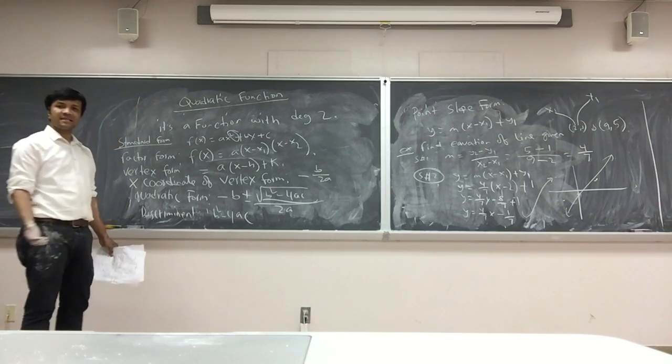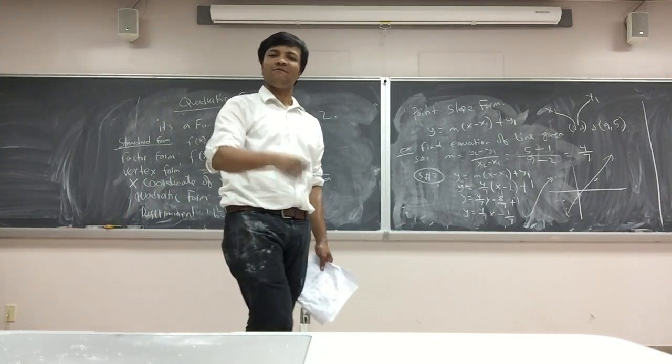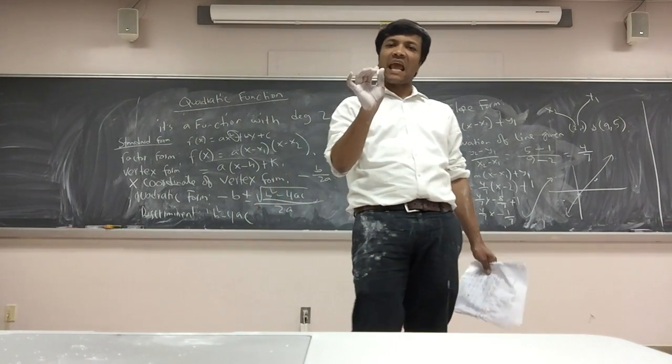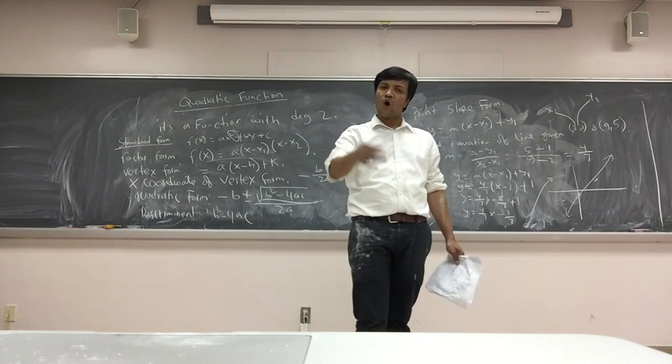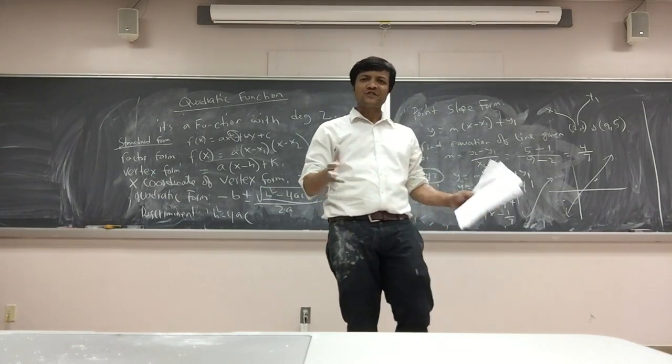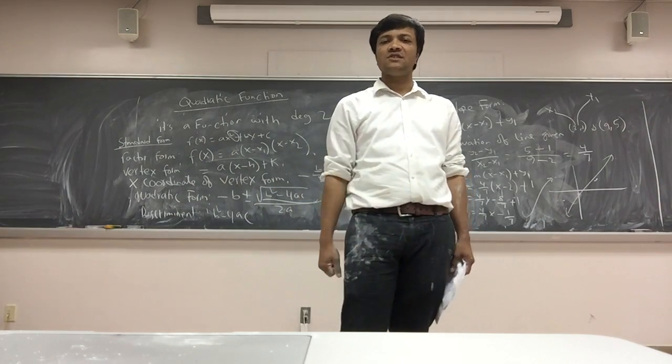What is the discriminant? The discriminant tells us that if I give you any given function, whether the function has any real root. If it does have real roots, how many real roots? If it doesn't have real roots, maybe it has imaginary roots.